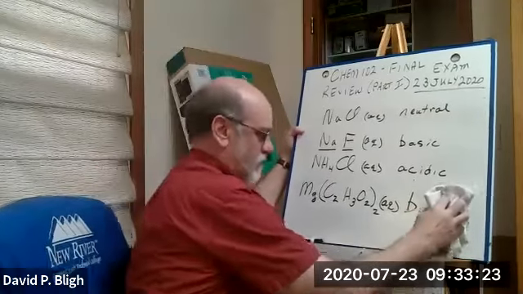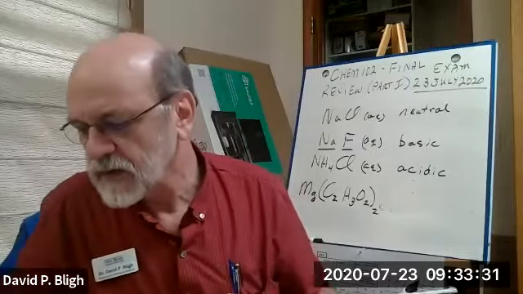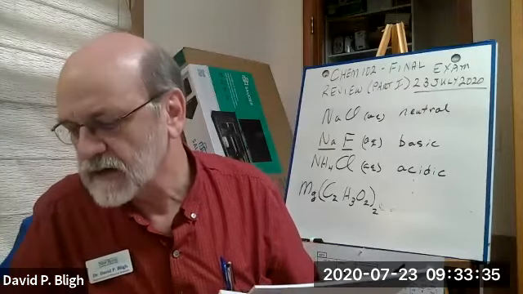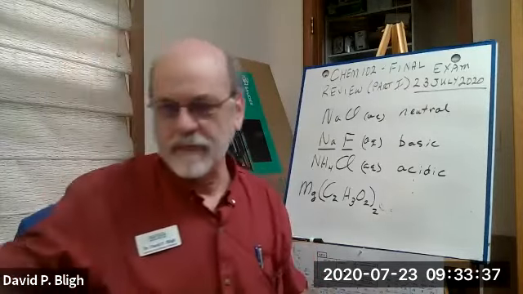So now, I see Isaac's name. Let me mark him down here. So we got Kessa and Isaac. All right.